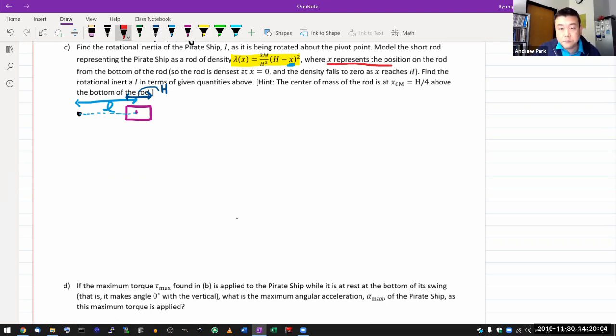X represents the position on the rod from the bottom of the rod. So from the bottom of the rod, it's this position here that represents x equals 0. And the way I have this drawn, x is getting positive going to the left. So at this position where x is equal to h is where the density of the thing is going to be 0, I guess.